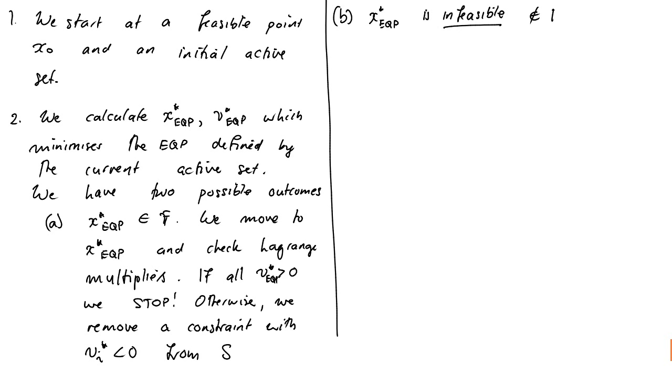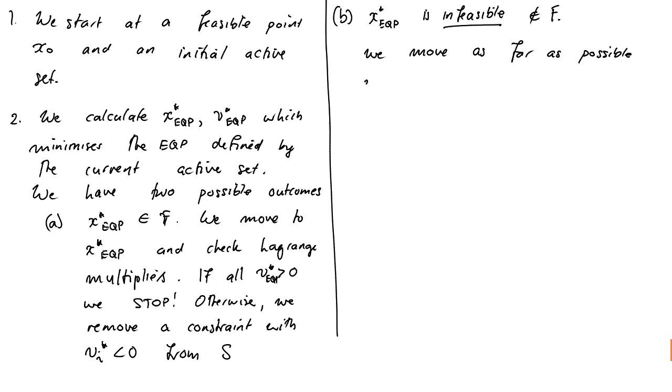It's not an element of F. We want to get to that point, but we can't. So we move as far as possible, because we know if we move towards x star EQP, our objective is going to be decreasing. We move as far as we can in that direction until one of our constraints blocks us.